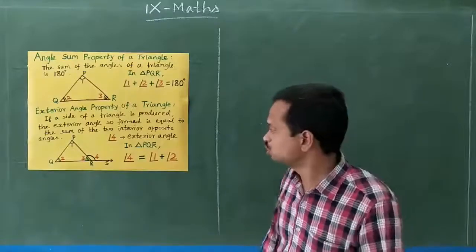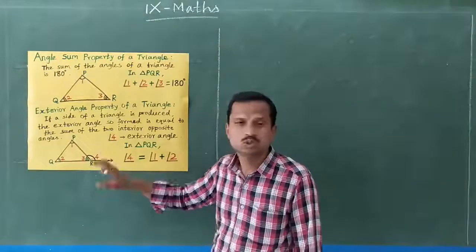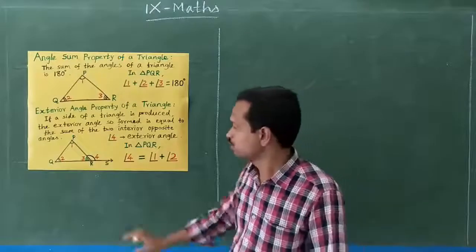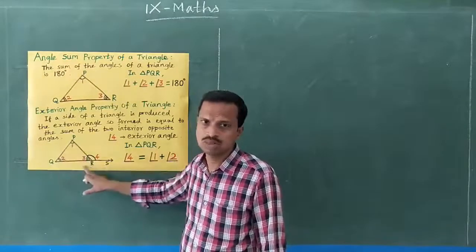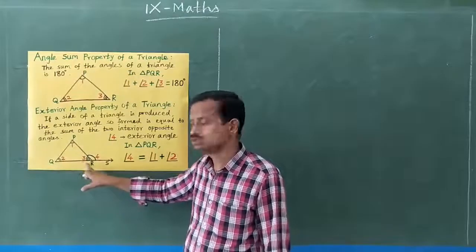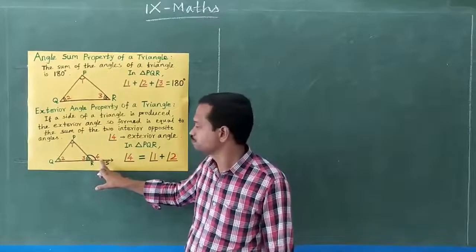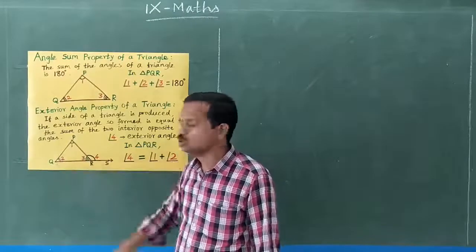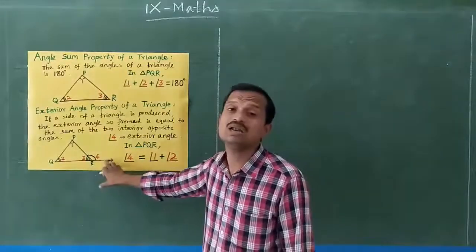I told you what the exterior angle is. But what are the two interior opposite angles? Here I mark the angles of the triangle as 1, 2, 3, and this 4 is called the exterior angle. Now, angle 1 and angle 2 are opposite angles of this angle 4.